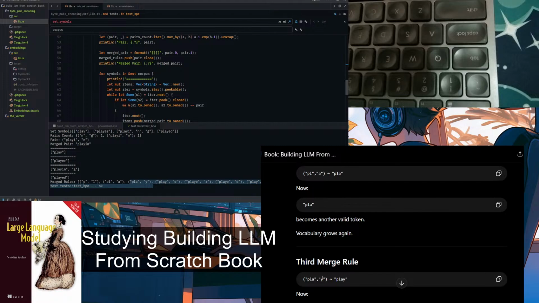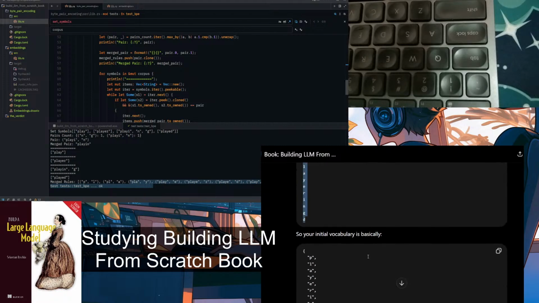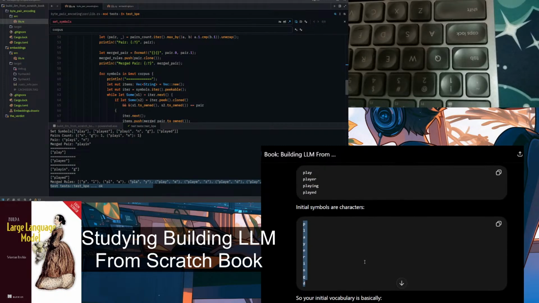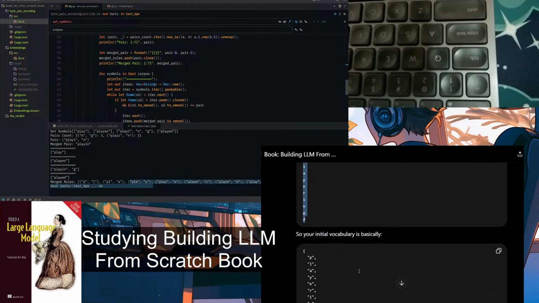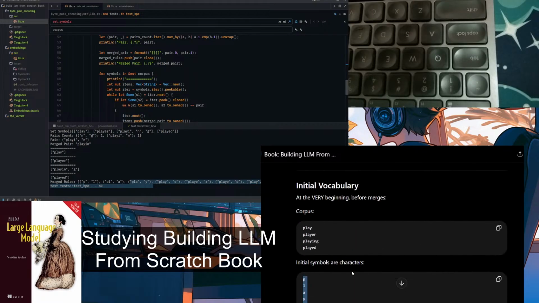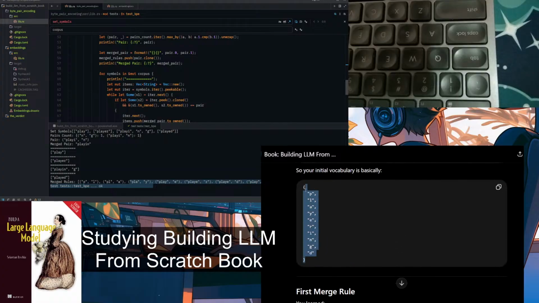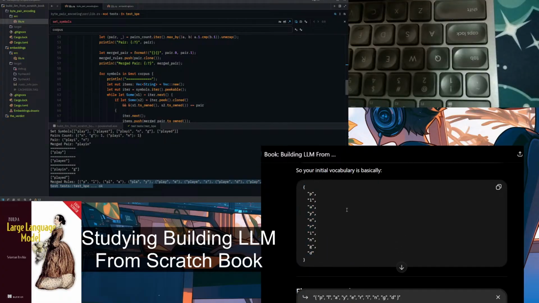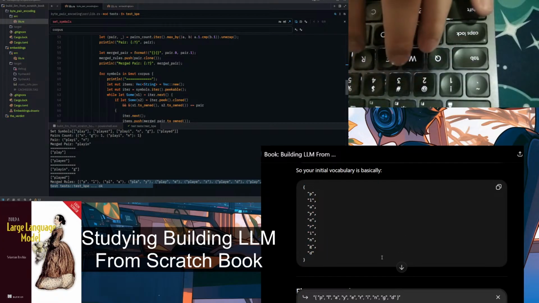So initial symbols are characters. So you merged the characters, the ends of the words.